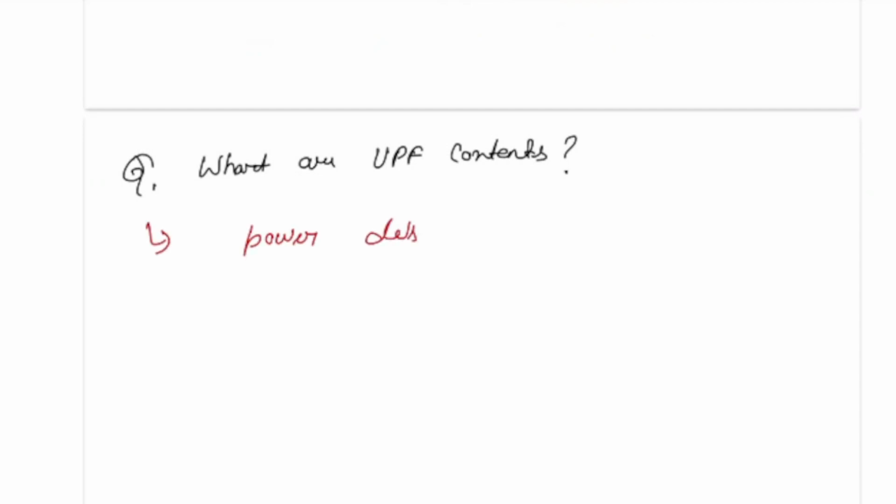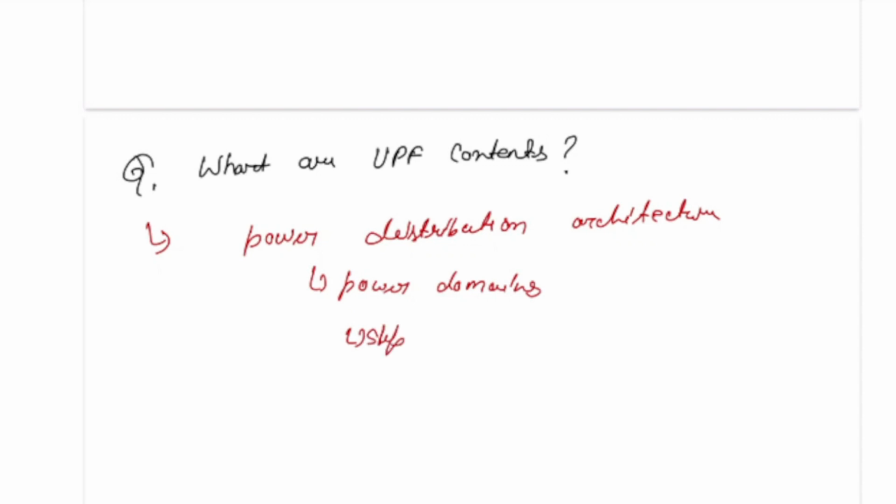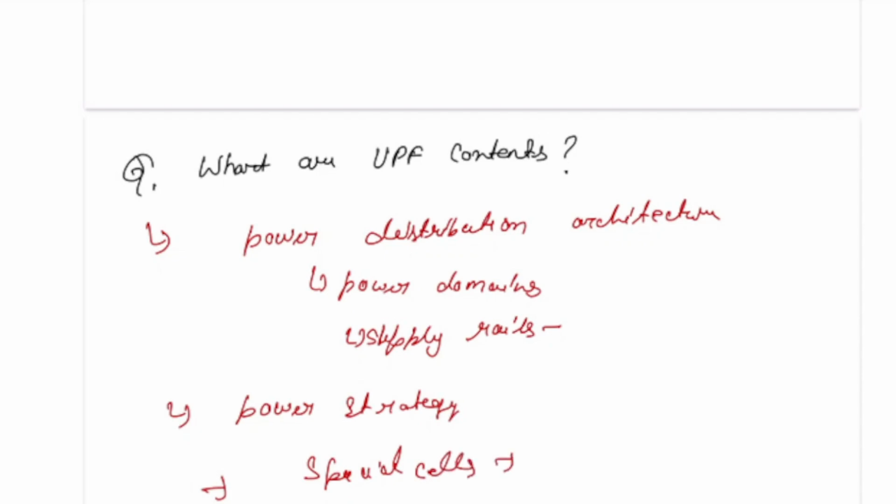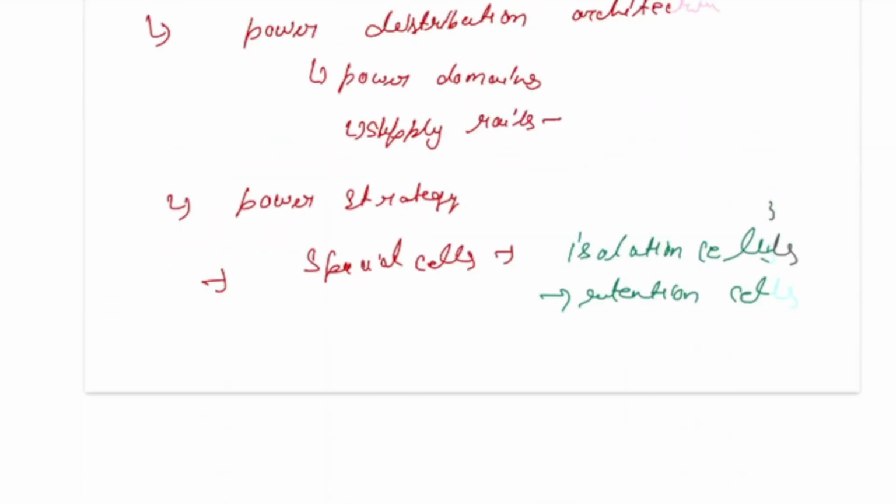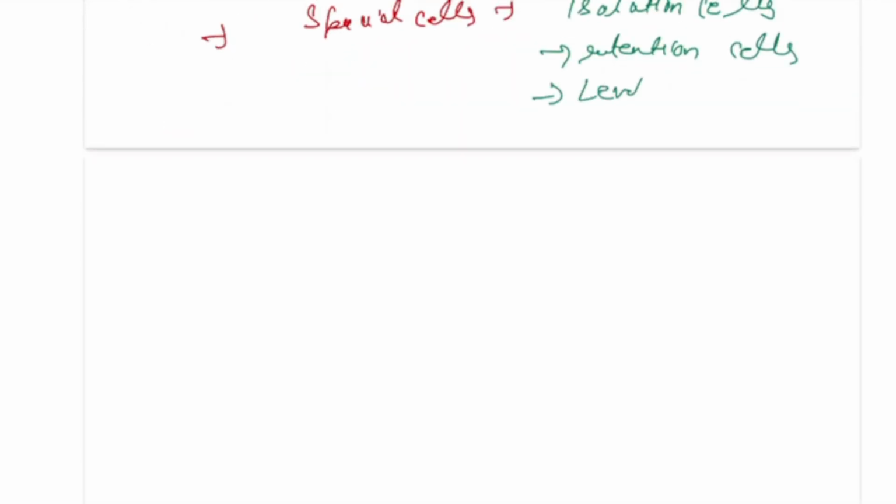Power distribution architecture like power domain, supply rails, power strategy, and special cells like isolation cell, retention cell, level shifter, power switches.